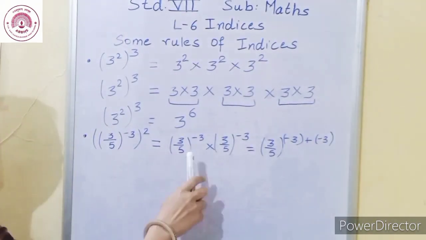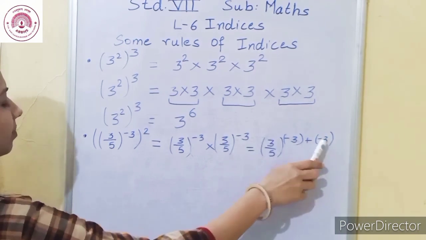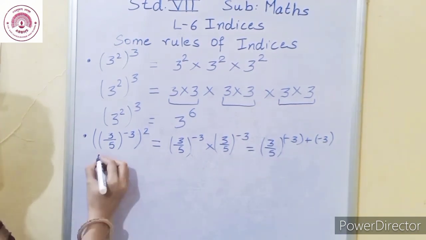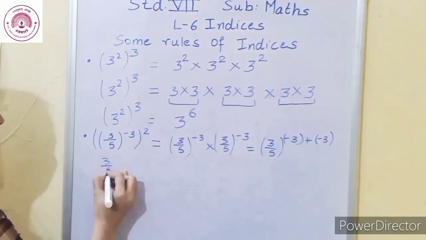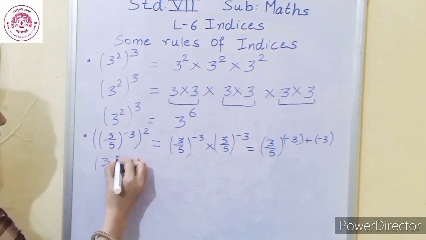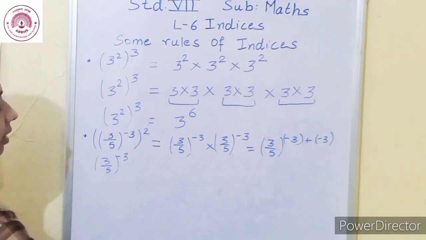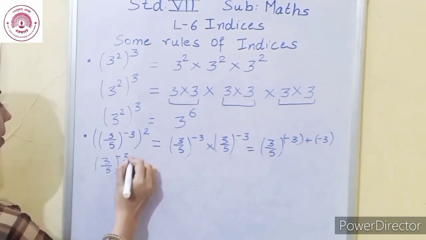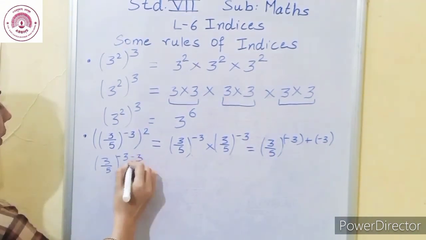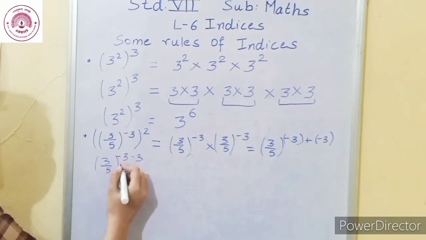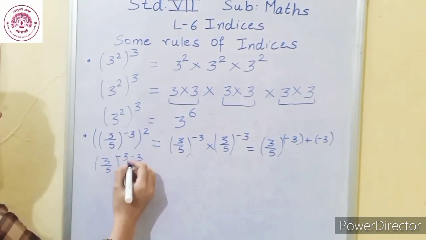I have simply added the exponents. Now, plus minus becomes minus. So, it is 3 by 5 raised to the power minus 3 minus 3.